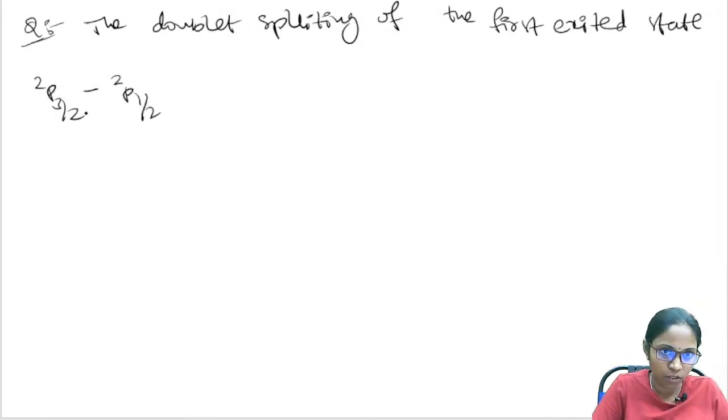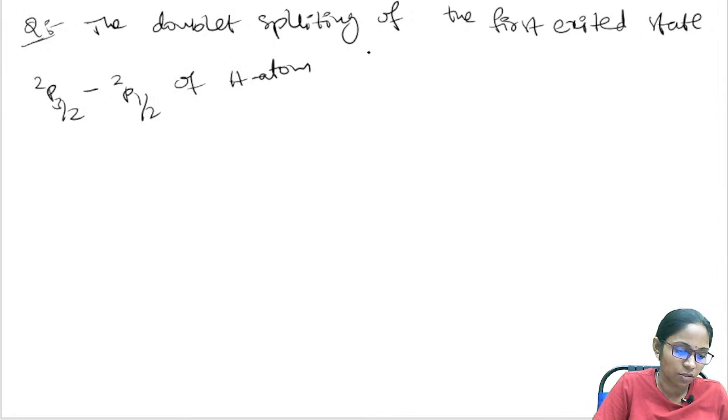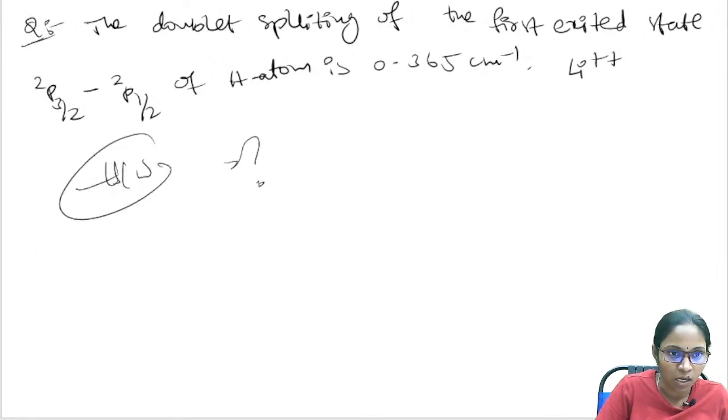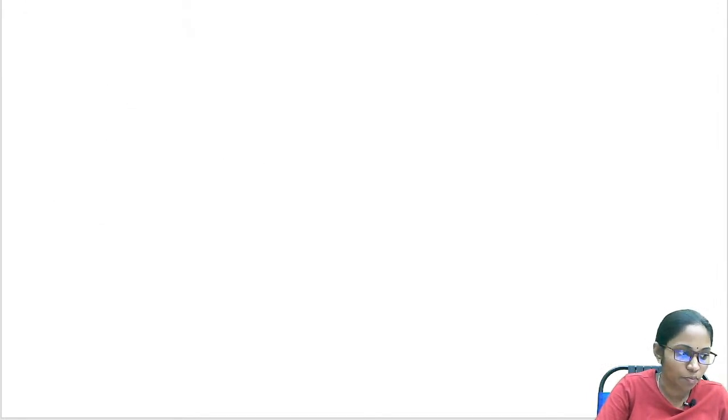The electron transition is taking place from p3/2 to p1/2 of hydrogen atom, and its value is 0.365 per centimeter. Now calculate the corresponding spectrum for lithium plus ion, and it is your homework. You have to solve this question, and let's go for the next topic.